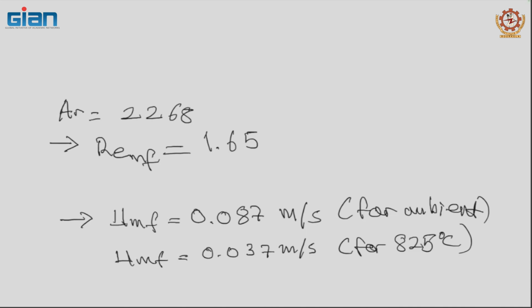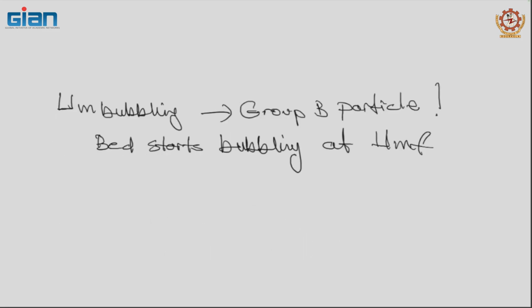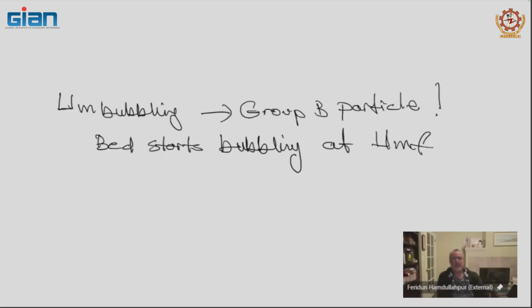That means at these velocities, you no longer have a fixed bed. It will start fluidizing. Since this is a group B particle, minimum bubbling is the same as minimum fluidization. So as soon as the bed is fluidized, the bubbles will form.